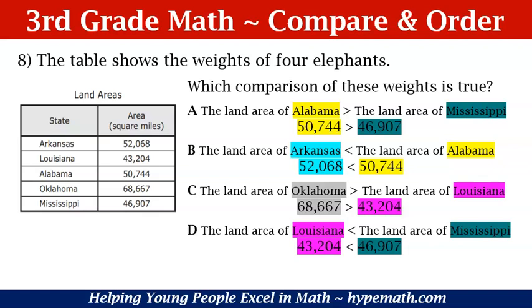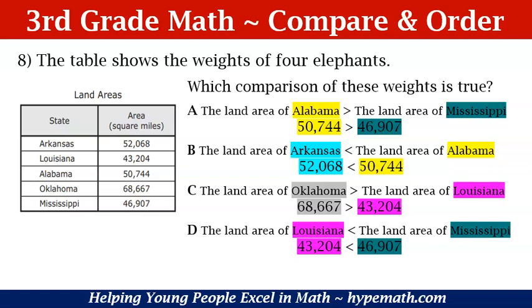Let's look at B. The land area of Arkansas is less than the land area of Alabama. So 52,068 is less than 50,744. Is that not true? C. The land area of Oklahoma is greater than the land area of Louisiana. Oklahoma is 68,667.